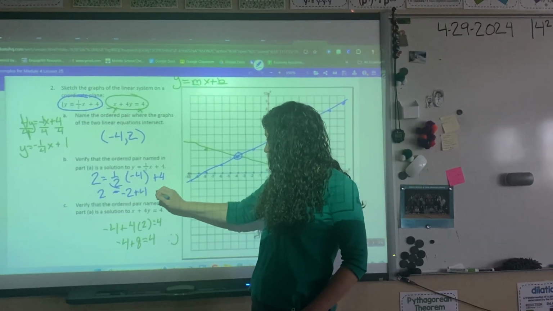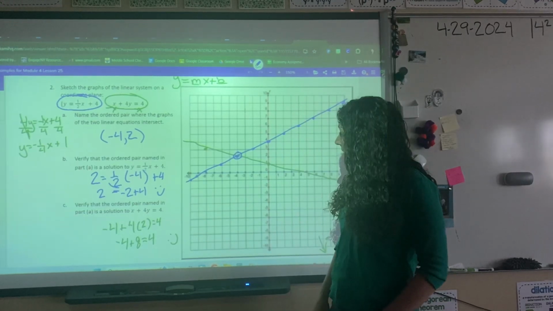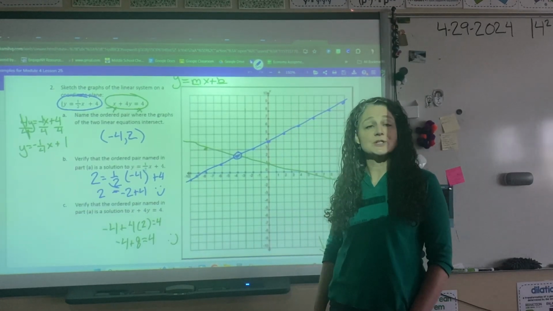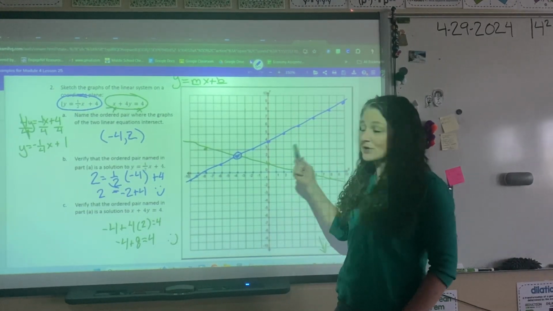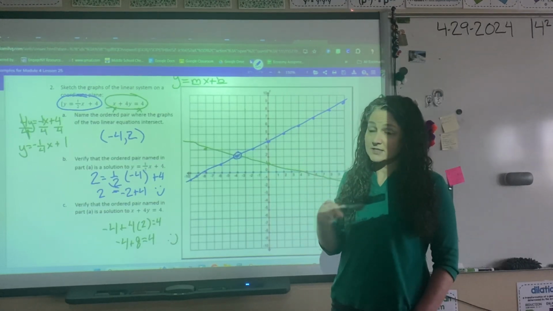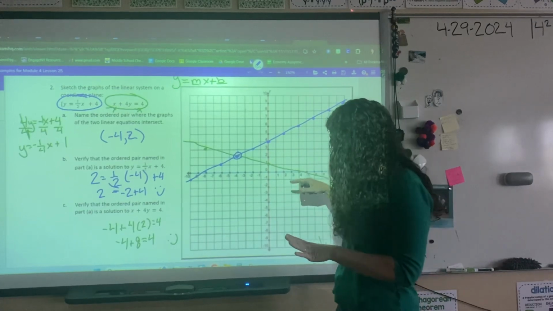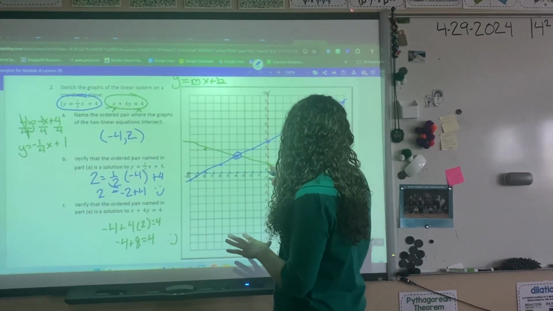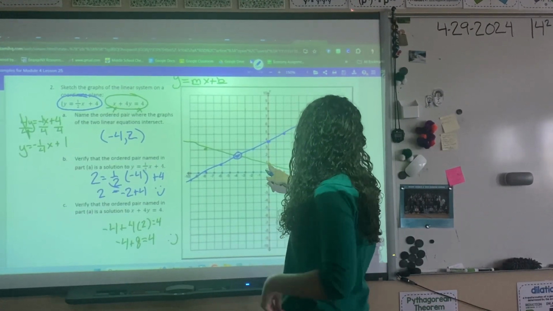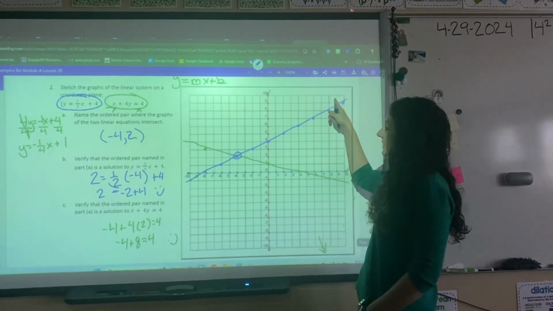So that's today. The biggest place you're going to make a mistake today is if you graph them wrong, they're not going to cross in the right place. But you will know that. Let's say I graphed this one wrong and I graphed it with a positive slope instead of a negative slope. It's going to cross somewhere clear up here.